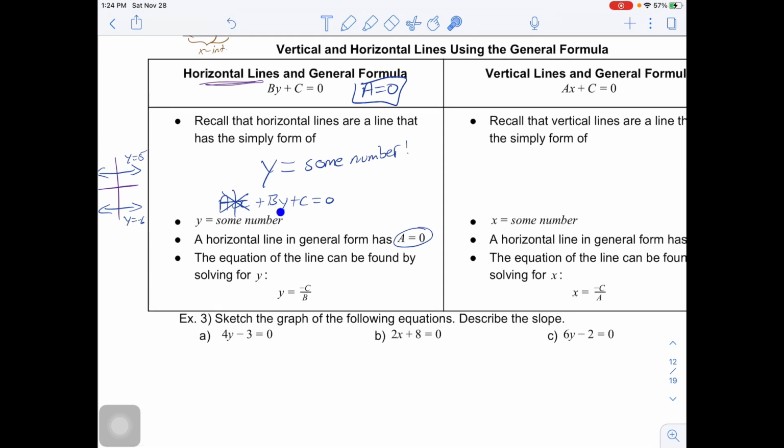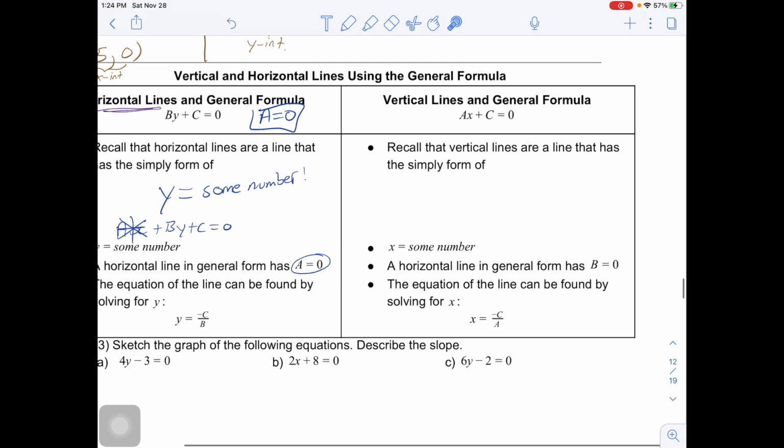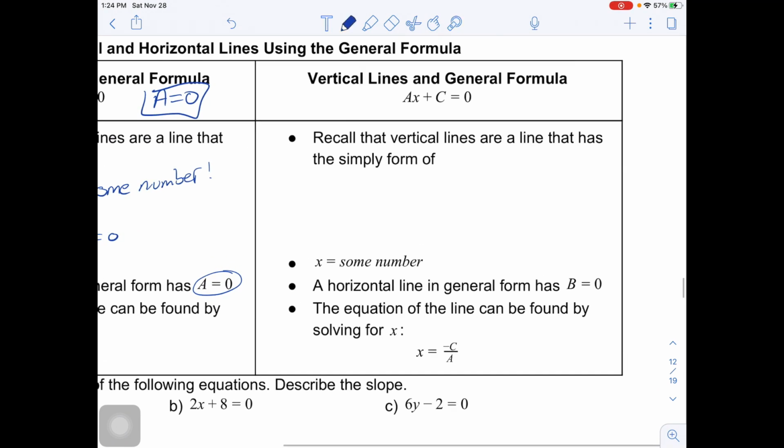Now you can solve for where your line is located by simply solving for y. The equation of the line can be found by solving for y, and you'll always end up getting negative c over b. Do I recommend memorizing this? Absolutely not. Just recognize that you can solve for it. Vertical lines are the opposite, where b equals 0.